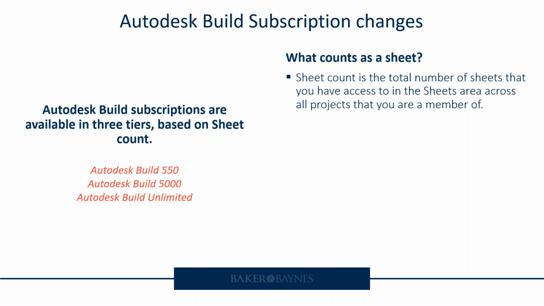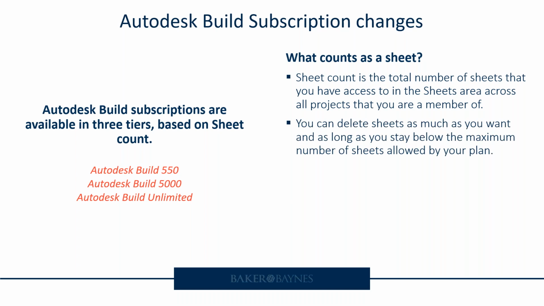Your sheet count is the total number of sheets, and if you have access to 550 sheets, you can see 550 sheets only across all of your projects. You can delete as many sheets as you want as long as you stay below the limit. All plan sheets, including revisions, are counted towards the limit. So that is important to remember.